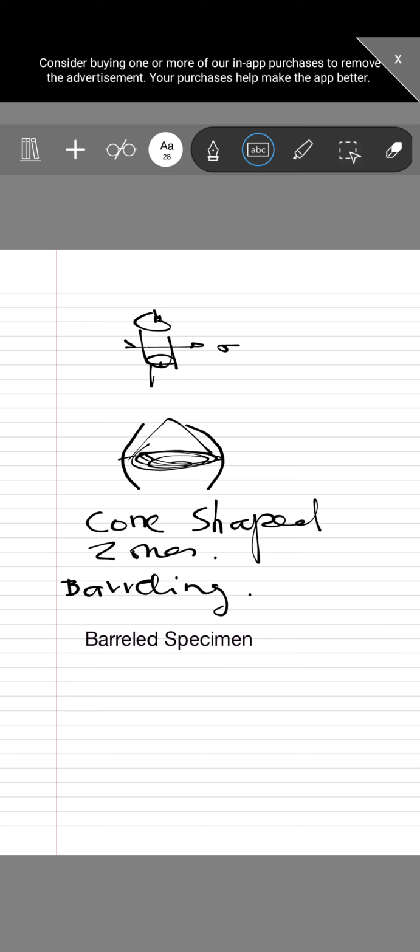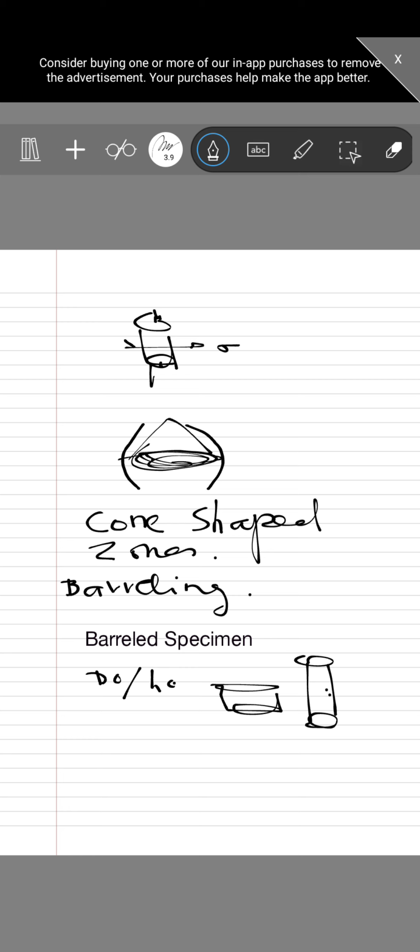Now, one way to minimize this barreling and non-uniform deformation is to use a low value of D0 by H0. A low value of D0 by H0 means a thinner sample, not a flatter sample. So the specimen is usually kept in this range, a low value, then you can reduce this non-uniform deformation to some extent.